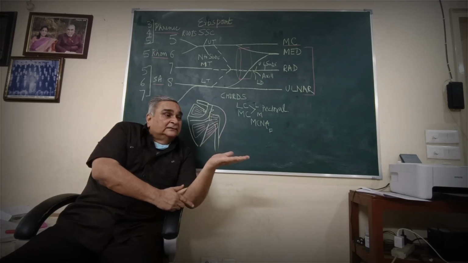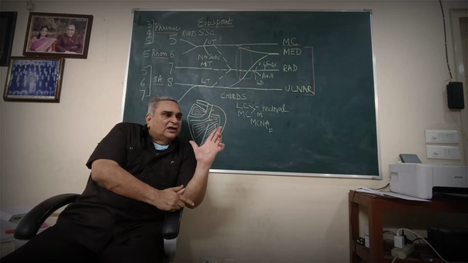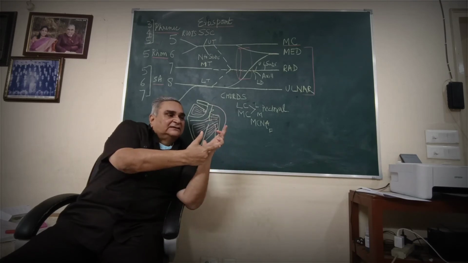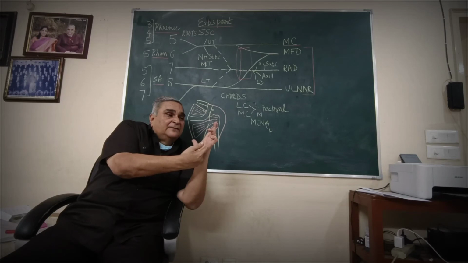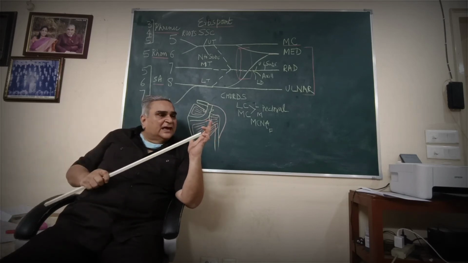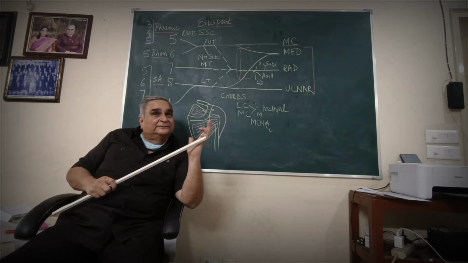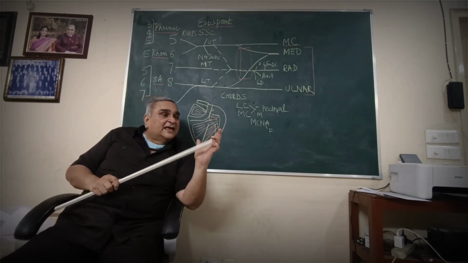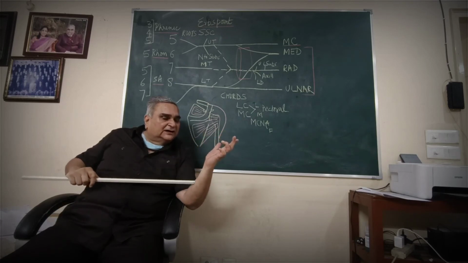Then the 3-4 lumbricals are paralyzed. So there is clawing of the third and the fourth finger. Now this clawing is occurring because there is hyperextension at the MP joint and flexion at the PIP and the DIP joints. Now this flexion at the DIP joint is being produced by the third, fourth flexor digitorum profundus.